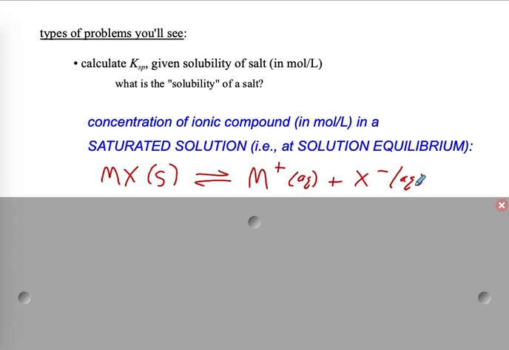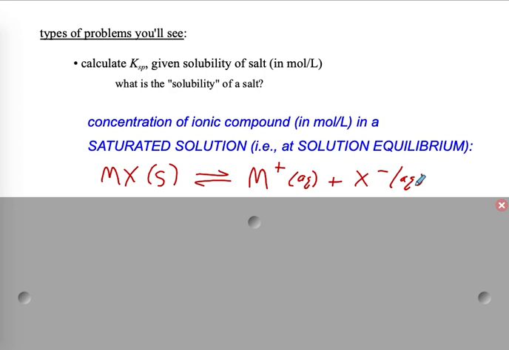And it is not true that nothing is happening. When I have achieved solution equilibrium, I still have the ionic compound dissolving and dissociating to form the aqueous cations and anions, but I have the aqueous cations and anions reprecipitating to form the solid at the same rate. So the solubility, which is a number that has units of moles per liter, is the concentration of that ionic compound, MX, dissolved in solution.